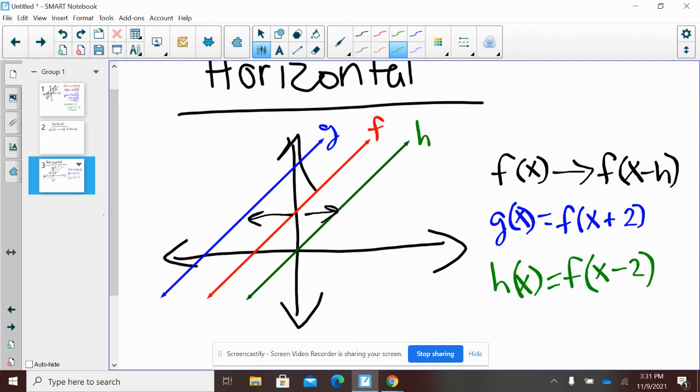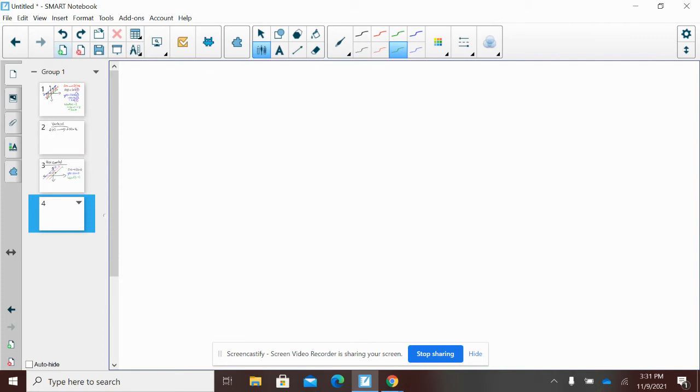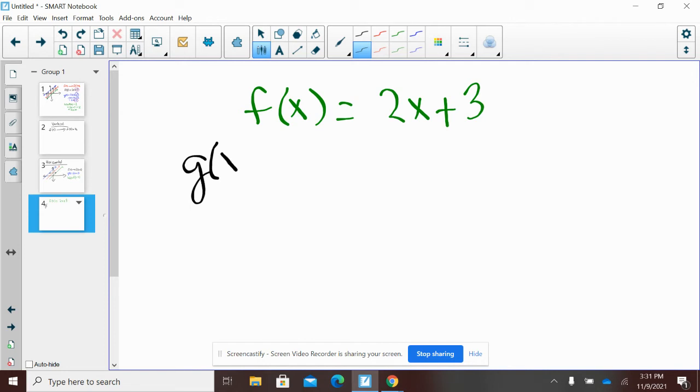Okay, let's look at an example. If I told you that f of x was equal to, let's say, 2x plus 3. Okay, so I have f of x is equal to 2x plus 3. Now let's say g of x is the original function, except for the input, we are now going to have minus 5.